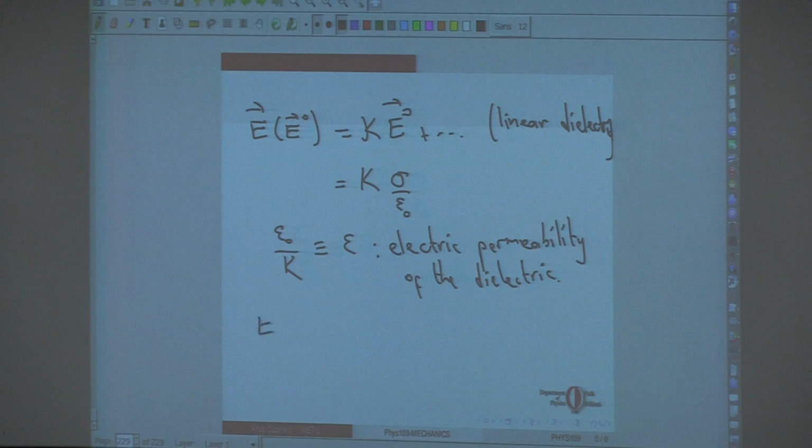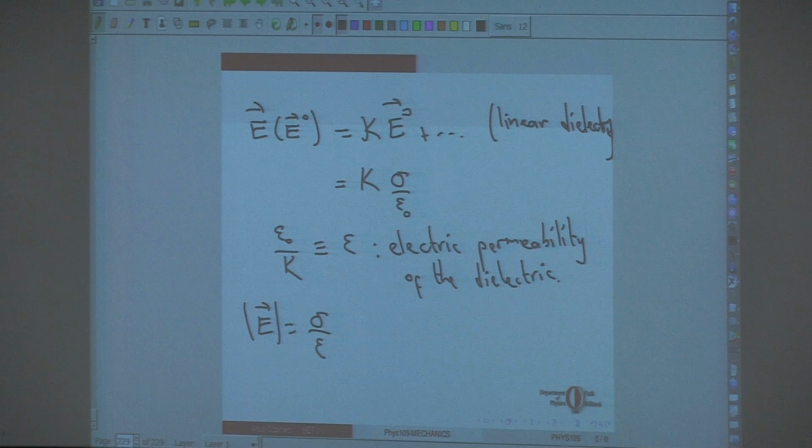So the electric field inside the capacitor with the insulator is now sigma over epsilon. Everything else is the same as if there is no insulator; the only difference that the insulator causes is the modification of this parameter epsilon 0 to epsilon.